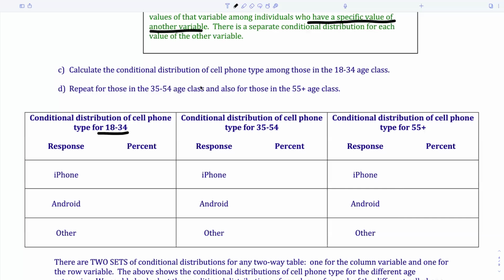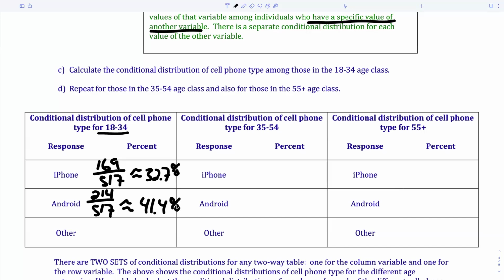So how many iPhone users were 18 to 34? There were 169 out of a total of 517 18 to 34-year-olds. And that percentage was 32.7%. Okay, how many Android users were 18 to 34? 214. Again, out of a total of 517. So that is 41.4.